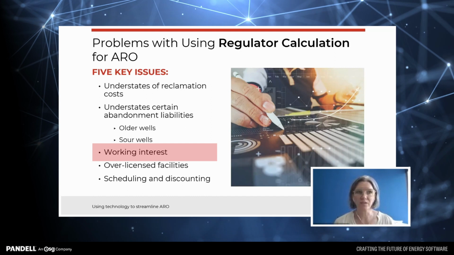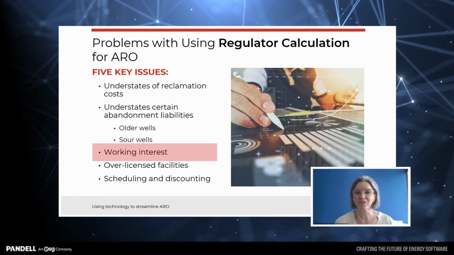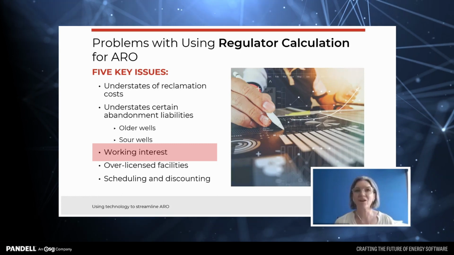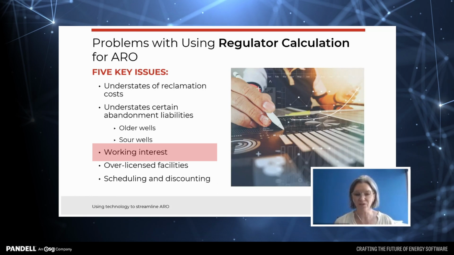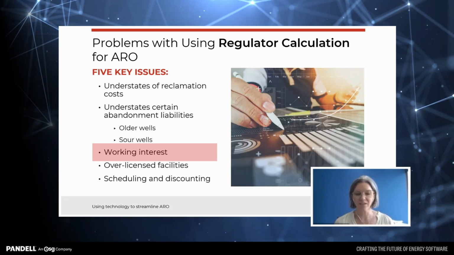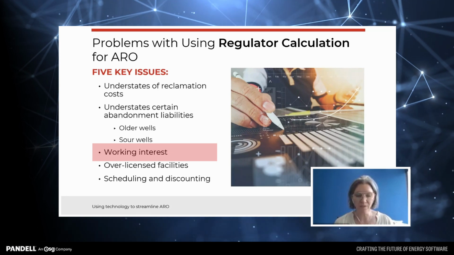There's working interest calculation implications. If you think about it, the regulator just deals with an operated interest. There are definite concerns about making sure your working interest is calculated so that stakeholders really understand obligations as well.